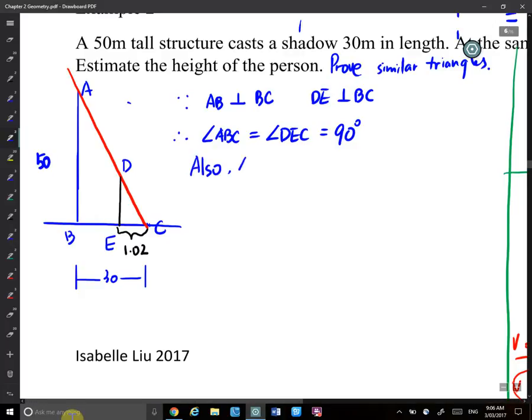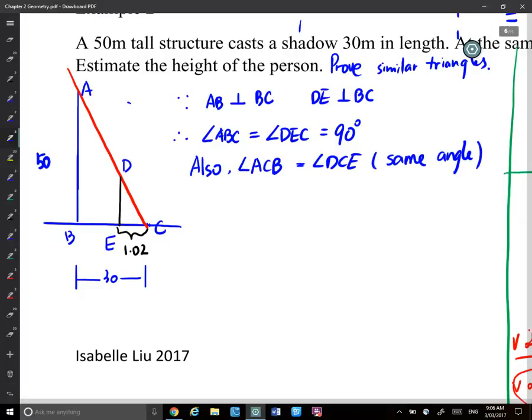Also, the angle ACB, the angle of the corner, equals angle DCE because they are the same angle. That angle is in both triangle ABC and triangle DEC, so those two angles must be the same.